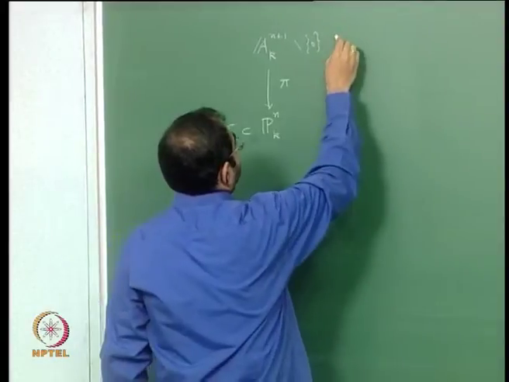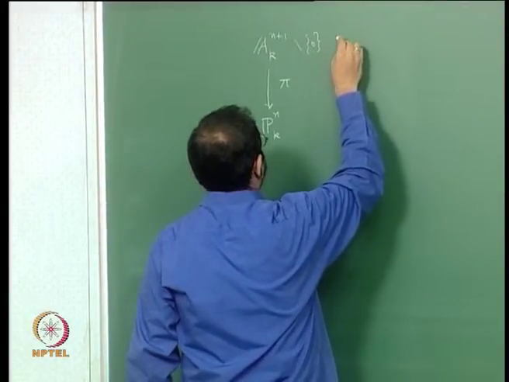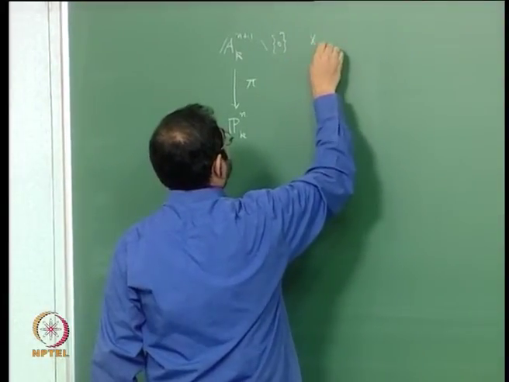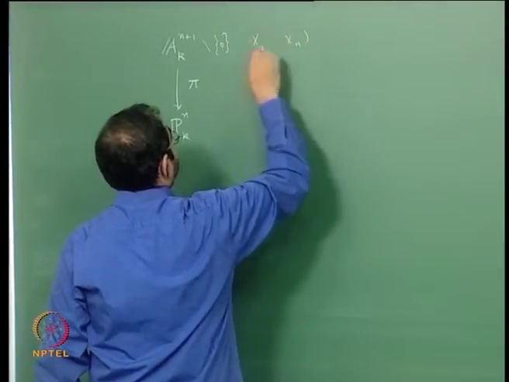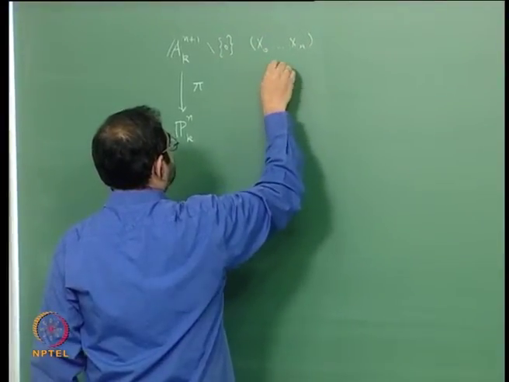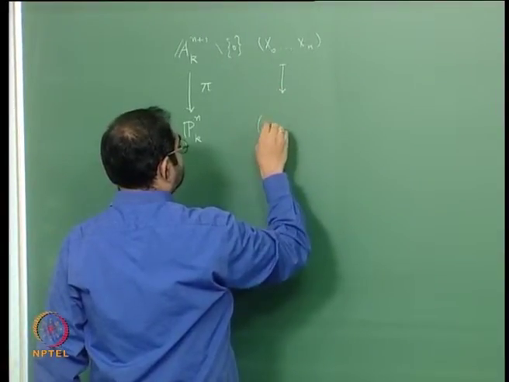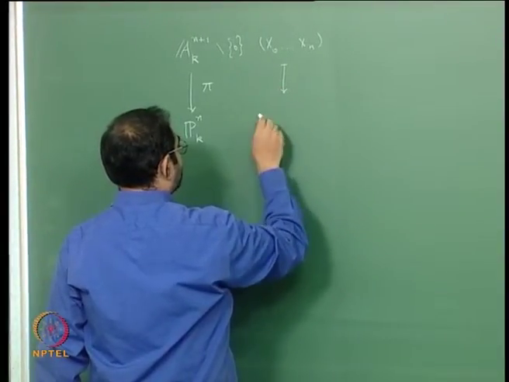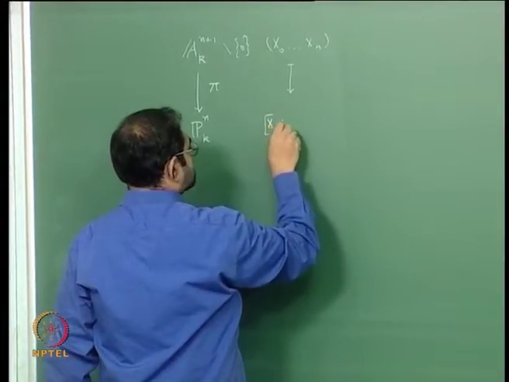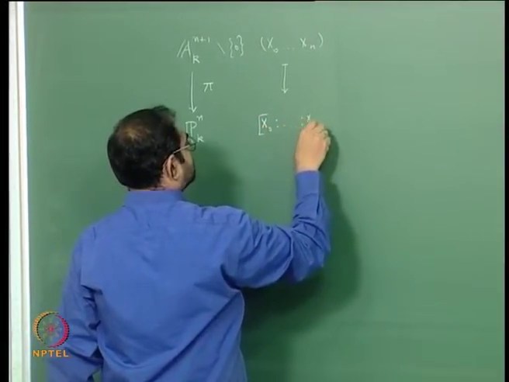So basically the coordinates here are x0 through xn. That is how a point here looks like, and it goes down to a point here which will now have homogeneous coordinates x0 semicolon etc. xn.